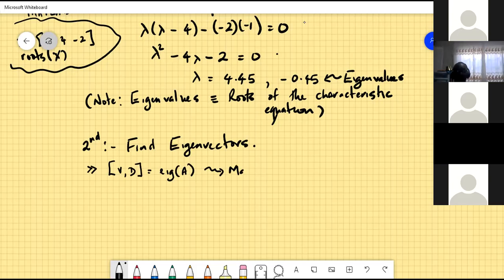So in MATLAB, write [V, D] equals eig(A), and it will give us the eigenvectors and eigenvalues.